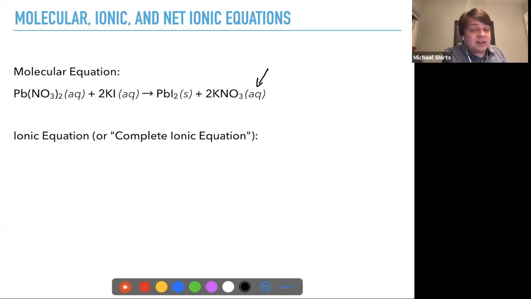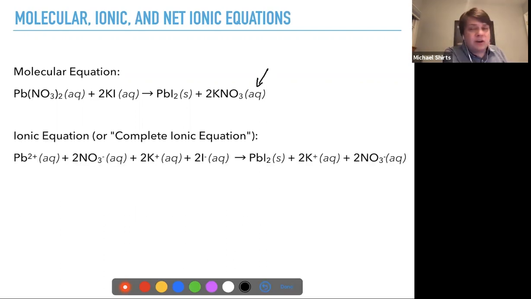The ionic equation, or sometimes the complete ionic equation, would be where we more realistically represent it by putting all of the compounds that are soluble, breaking them apart into their ions. We don't do that for weak electrolytes, just for strong electrolytes. And so in this case, because potassium nitrate is soluble, the ionic equation is Pb2+ (aq) plus 2NO3- (aq) plus 2K+ (aq) plus 2I- (aq), because those compounds are all completely soluble, reacts to form PbI2 solid.